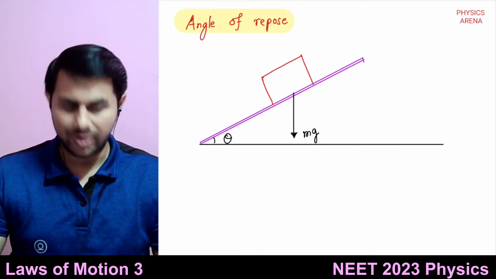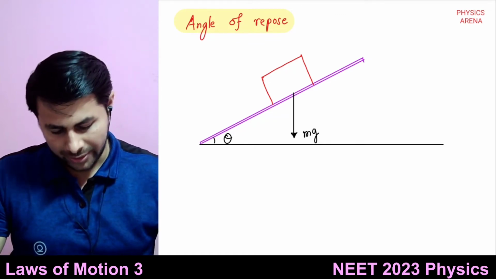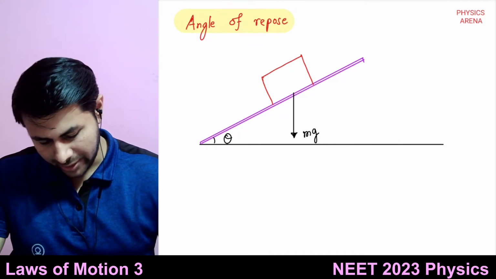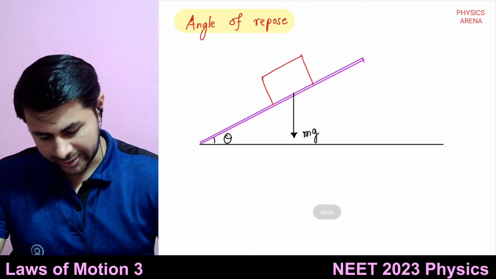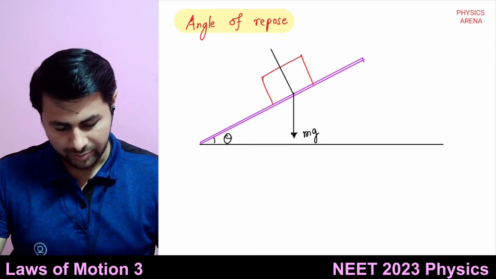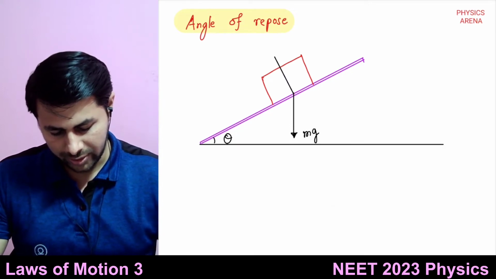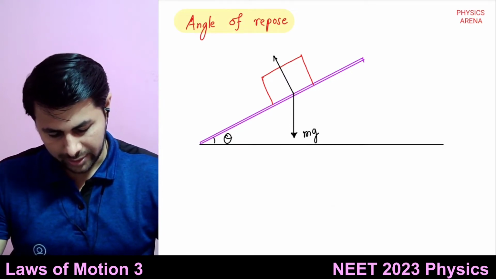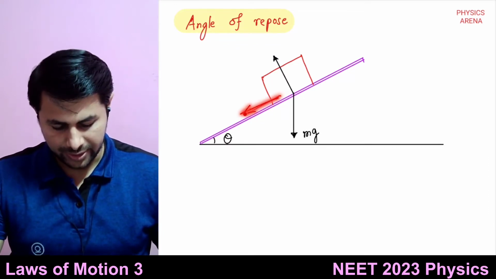Yeah, there will be a normal reaction, and there will be a frictional force. Normal reaction always acts perpendicular, that's why it is known as normal reaction, perpendicular to this surface. So this is the normal reaction, and the block will slide like this down the incline.